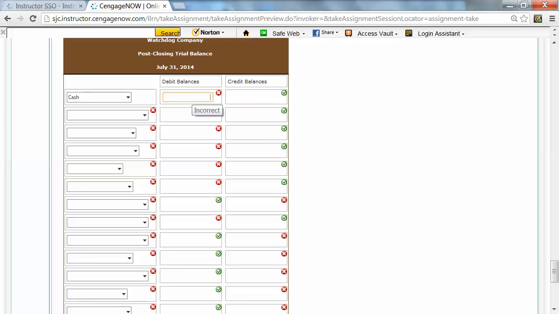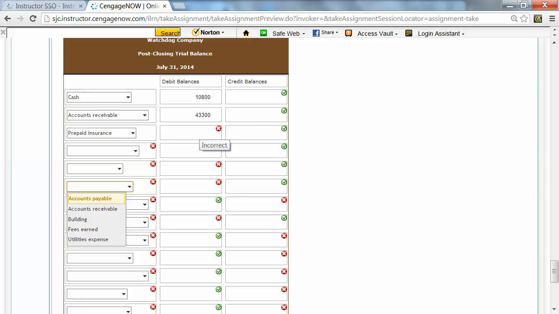And cash would have a debit balance of $10,800. Our accounts receivable is next, line 9, and that is going to be $43,300. My prepaid insurance is next. That would be $1,700.